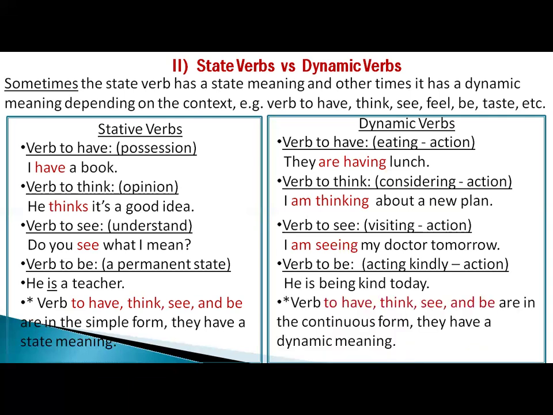The verbs to have, think, see, and be are in the continuous form. They have a dynamic meaning, an action meaning. So it depends on the situation. It depends on the meaning of the sentence.